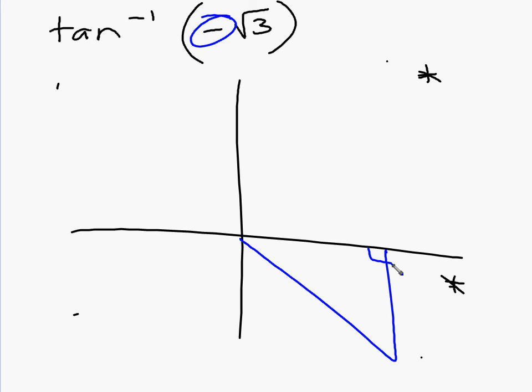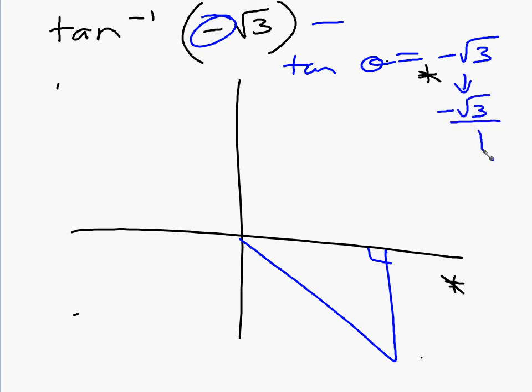Okay? Now, tangent is opposite over adjacent. All right? So we're saying the tangent of theta equals negative radical 3. Well, that's the same thing as negative radical 3 over 1, isn't it?